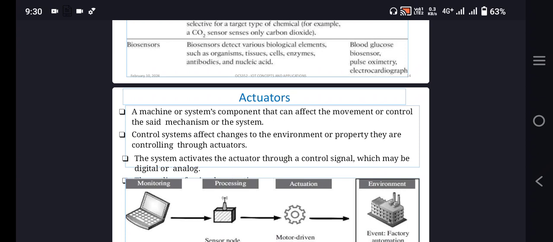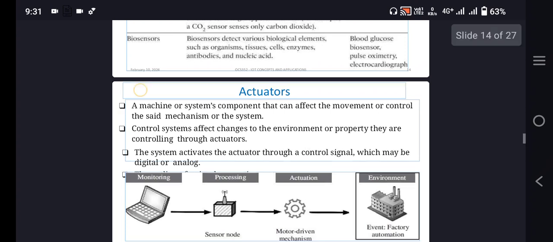Next we will see actuators. Actuators are a machine or system component that can affect the movement or control the set mechanism of the system. Control systems affect changes to the environment or property they are controlling through actuators. An example is a motor.